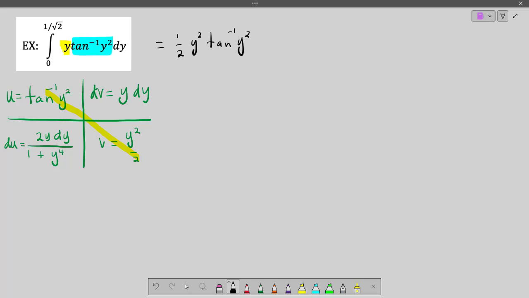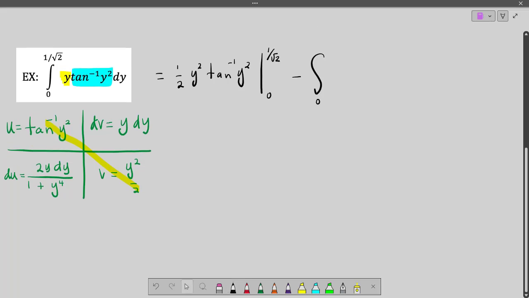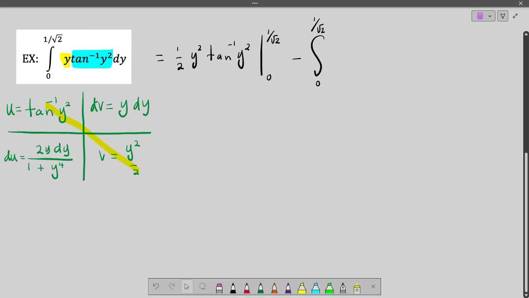This is a definite integral, not an indefinite integral, so this uv part will be evaluated, and we'll put our evaluation symbol there. So there's uv minus the integral, which also needs the limits of integration, of v du. v du is the bottom row.